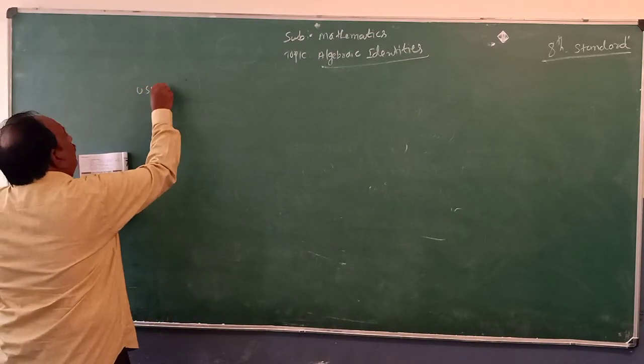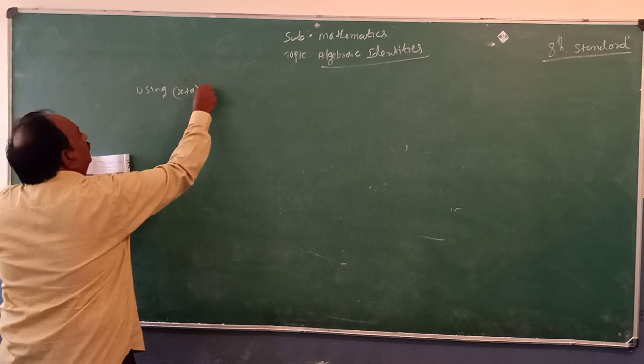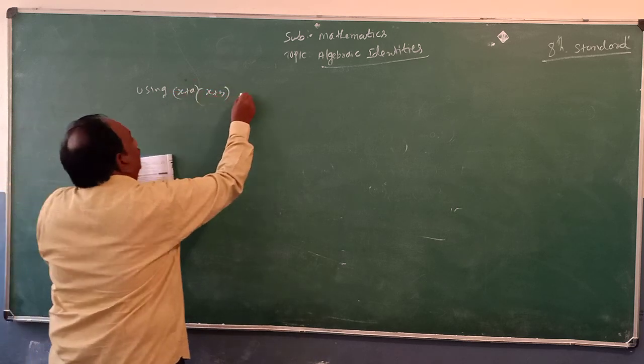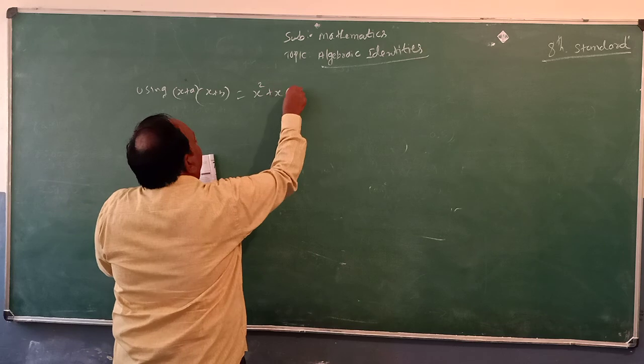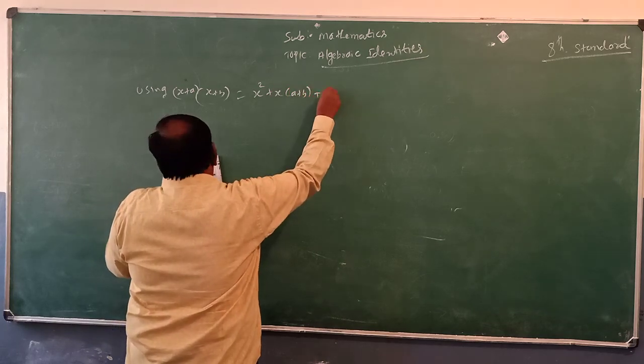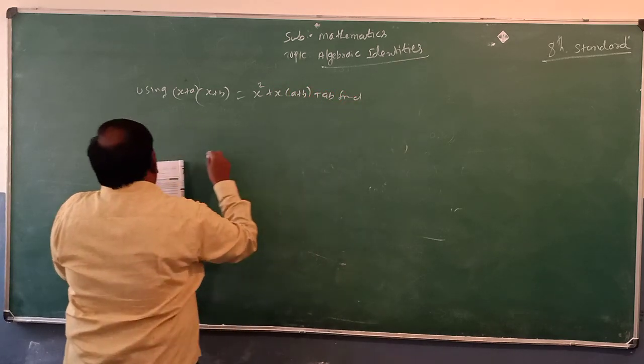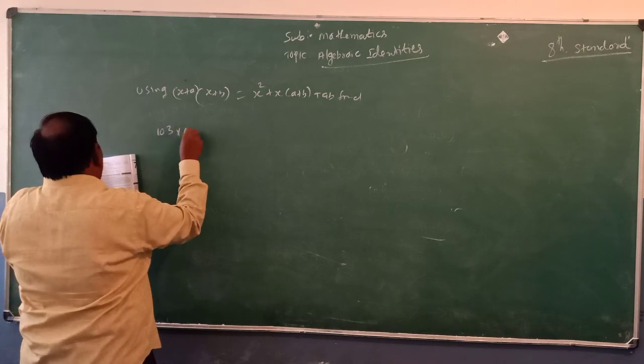Using x plus a into x plus b is equal to x square plus x into a plus b plus ab. Find 103 into 104.